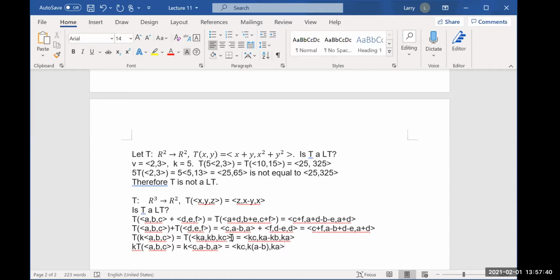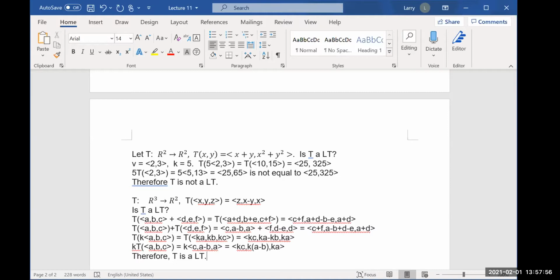Are they the same? Yes. So therefore, T is a linear transformation.